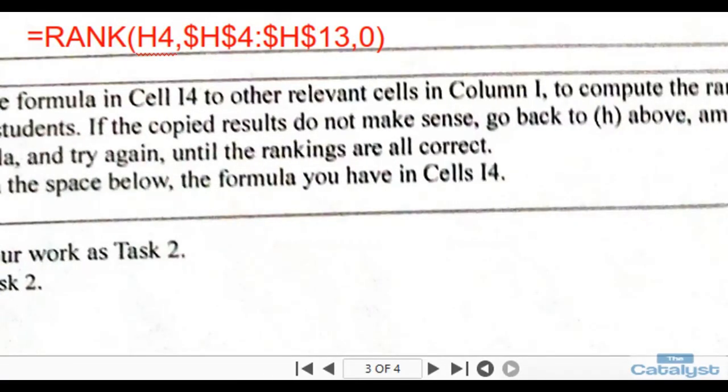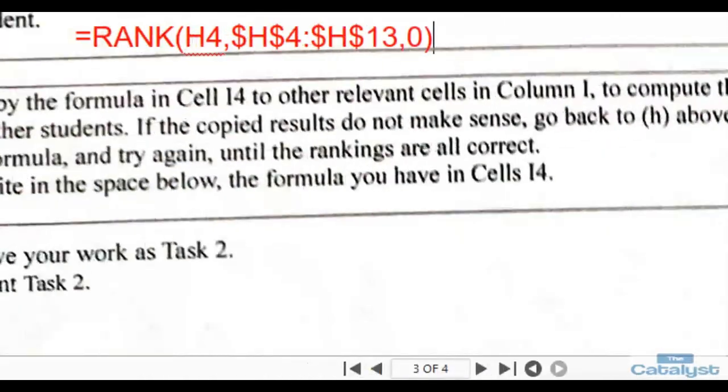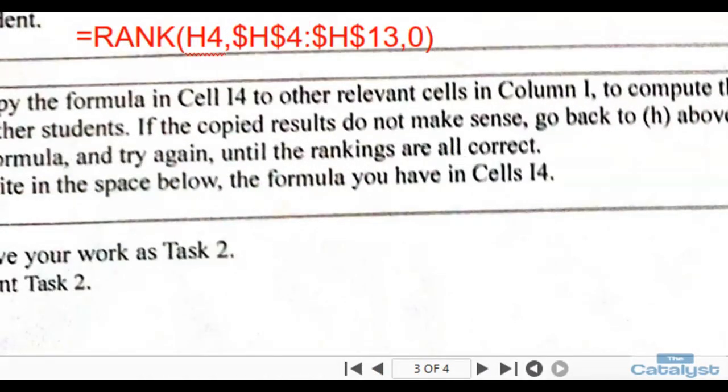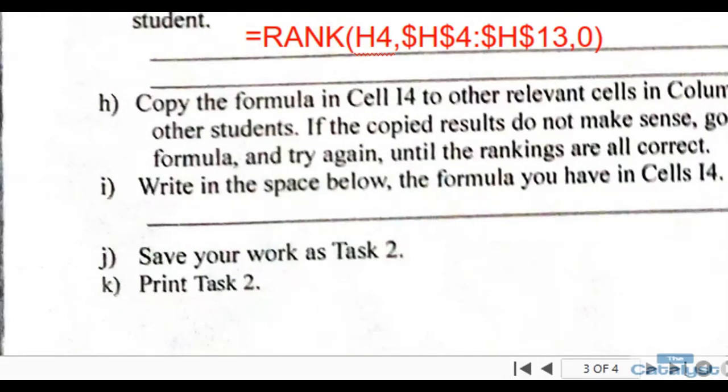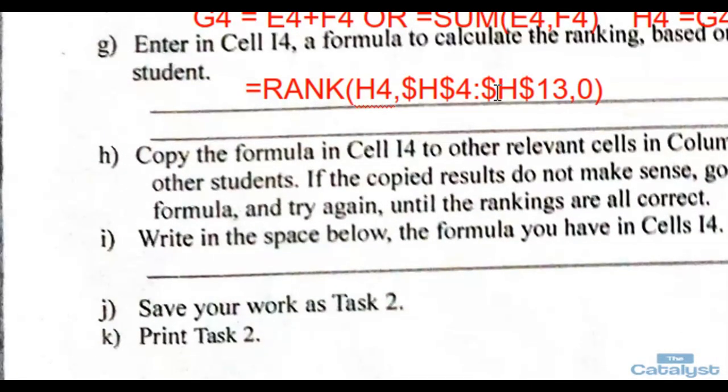If the copied results do not make sense, go back, amend the formula and try again until the rankings are all correct. We have already done that. You can only have wrong ranking when your reference is not absolute. So you have to put absolute reference to the range, from the first average to the last.